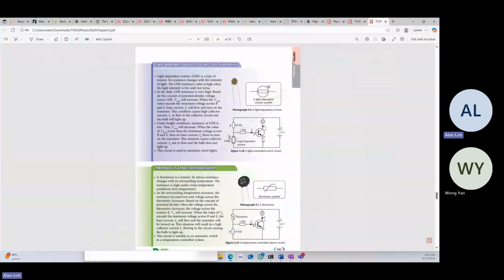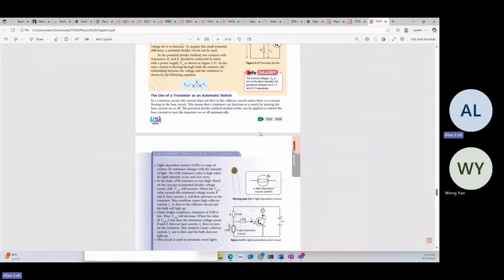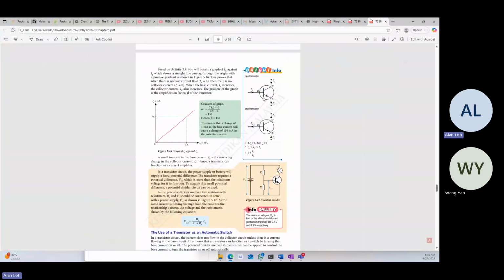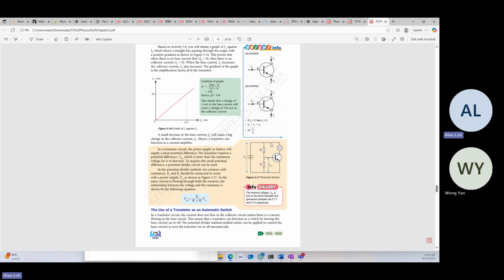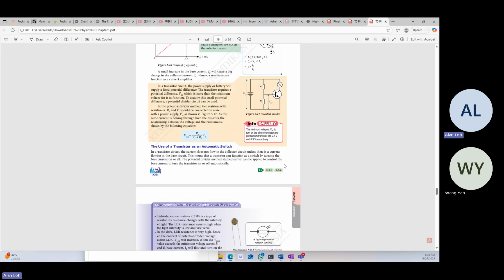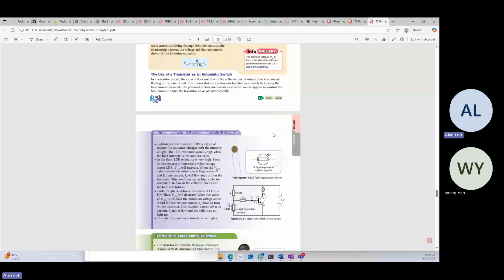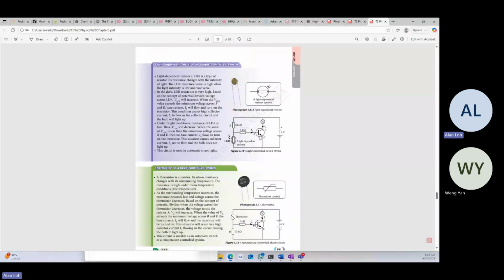But before we go there, this is the diagram. They're showing the base, collector, and also emitter. So how does the amplifier work? There are two circuits.